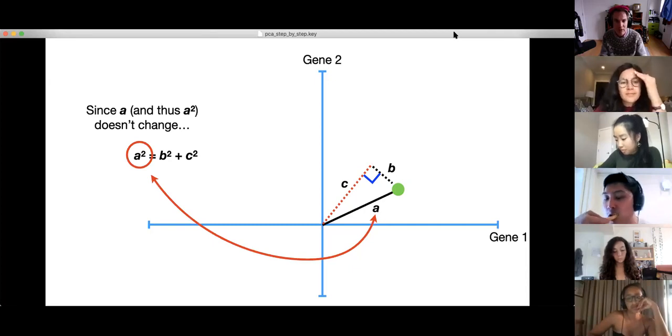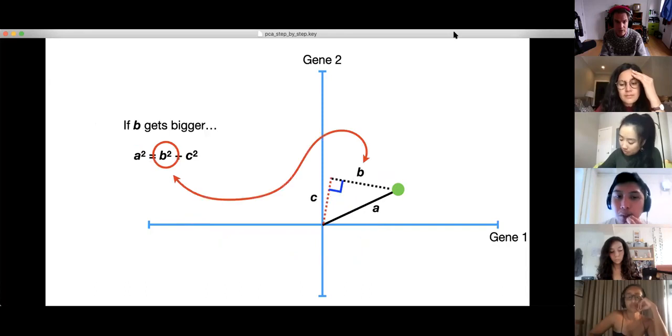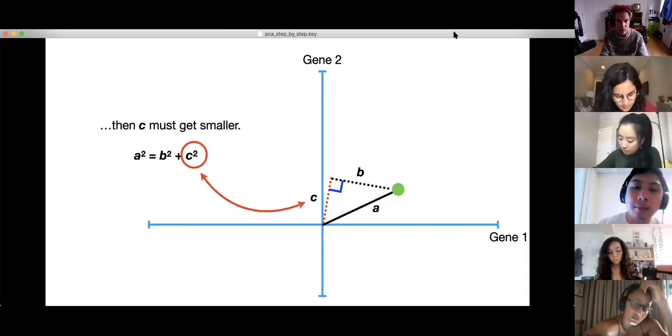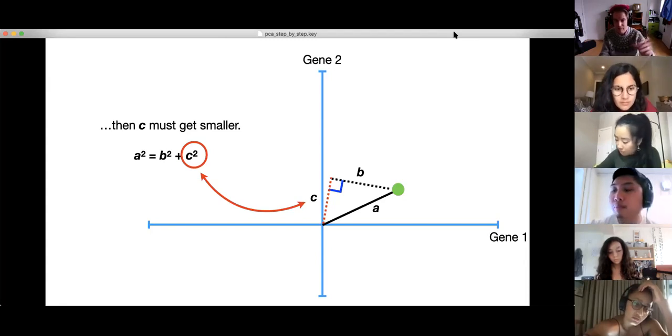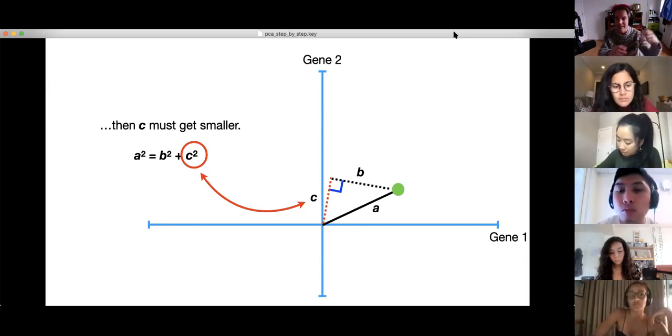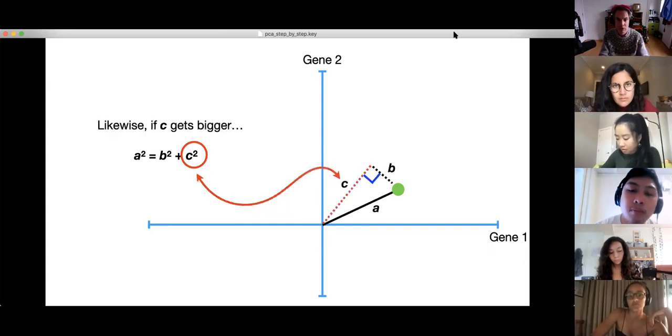Since A, and thus A squared, does not change, if B gets bigger, that's the distance from the point to the line, then C, the distance on the line, must get smaller because we've got this equality and we have to balance that equality. So if B gets bigger, C has to get smaller because A is not changing.